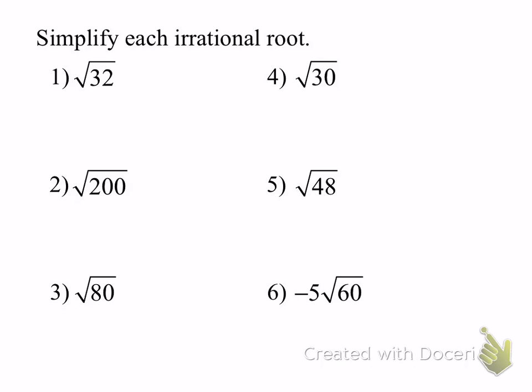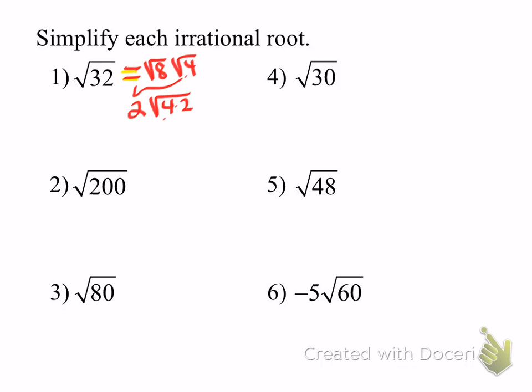Okay, so he's choosing to do radical 8 times radical 4. And then I simplified 4 to 2. And you had 8 was what? 4 and 2. And so then what?